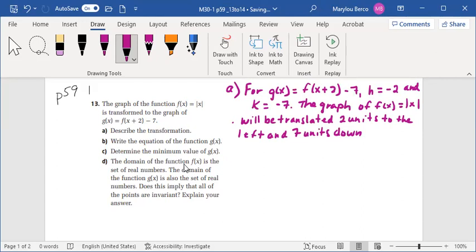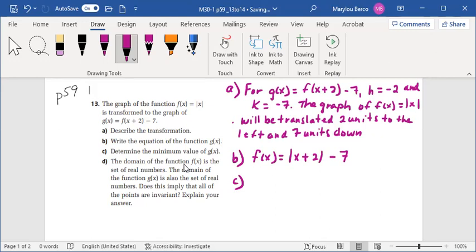Okay, write the equation of the function g of x. The equation of the transformed function will be g of x equals the absolute value of x plus 2 minus 7. Determine the minimum value of g of x.